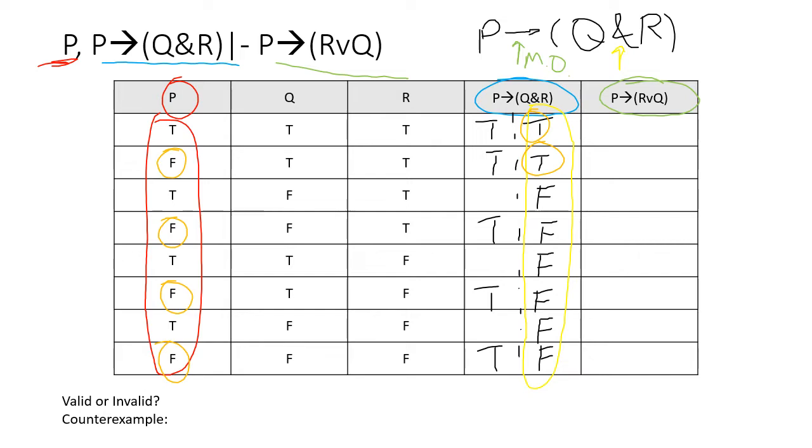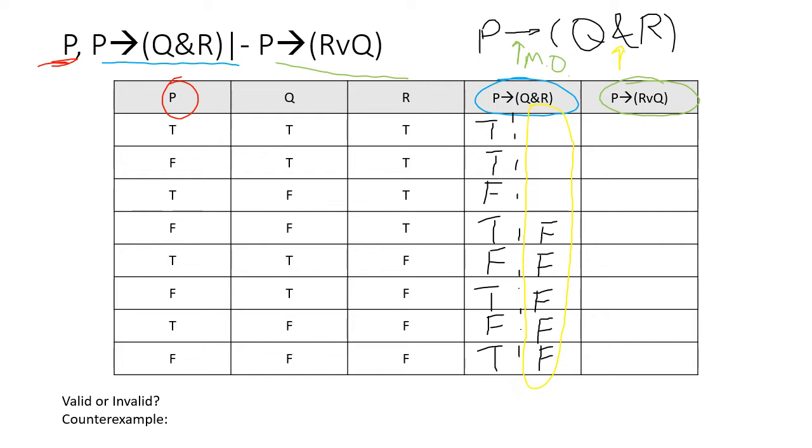In all these other situations, we have a true antecedent and a false consequent, so they're all going to be false. So we're going to erase this, and again, we don't need this row. It's only going to confuse us. The only value that we care about for the sentence is the one that encapsulates the whole thing, and that's the one that's associated with the main operator.